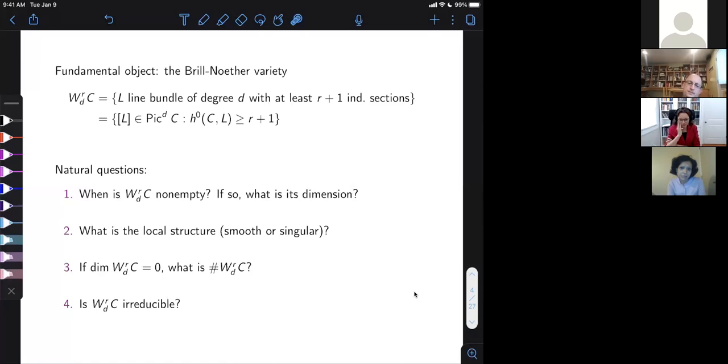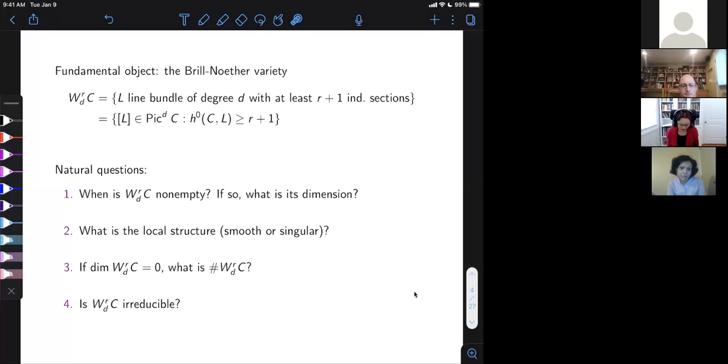Questions like that. And when you know those local questions, you could hope to ask global questions about its global geometry. For instance, algebraic geometers love enumeration. So if its dimension is 0, how many points are there in that finite set? And does it have some interesting combinatorial structure that maybe tells us something? And if it's positive dimensional, is it irreducible?